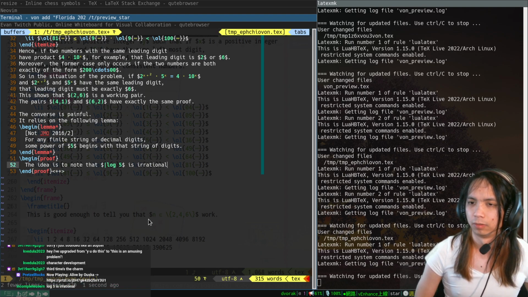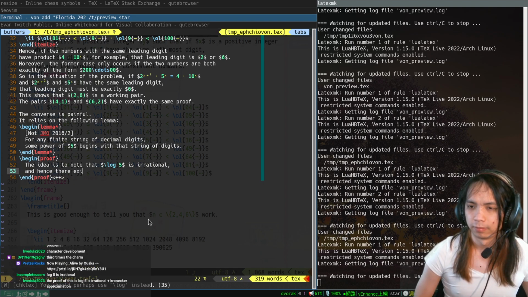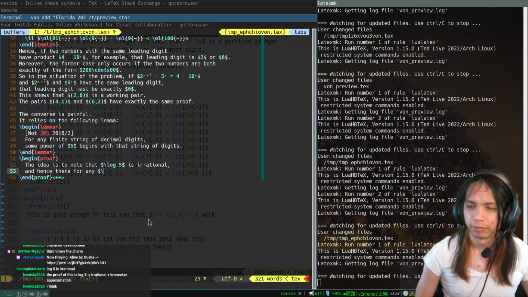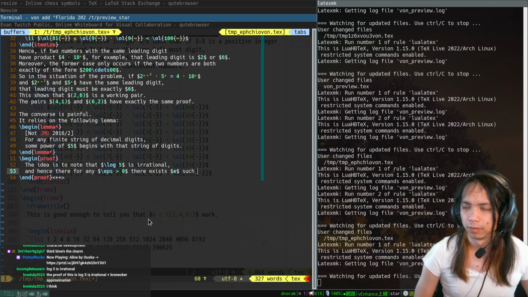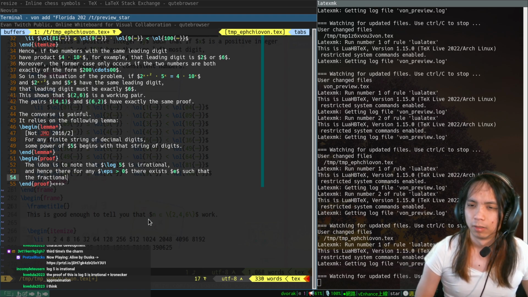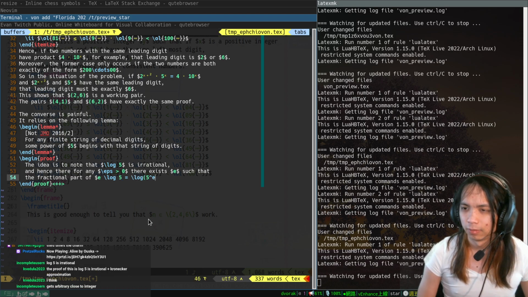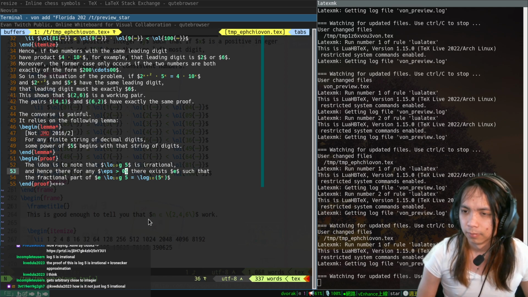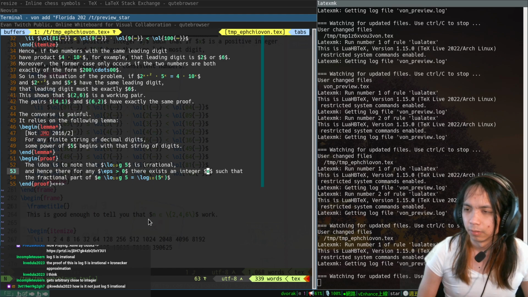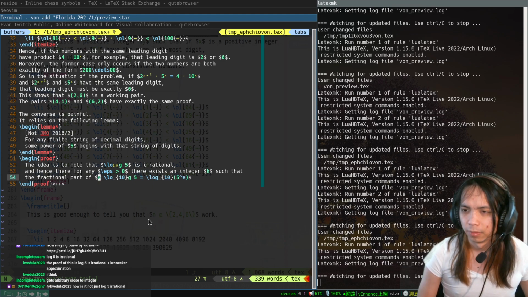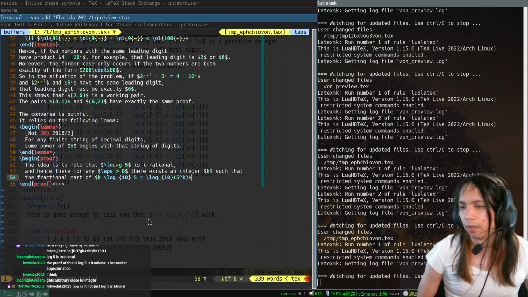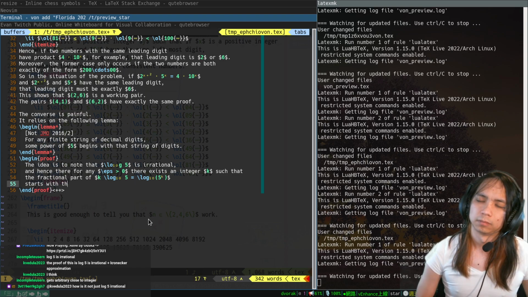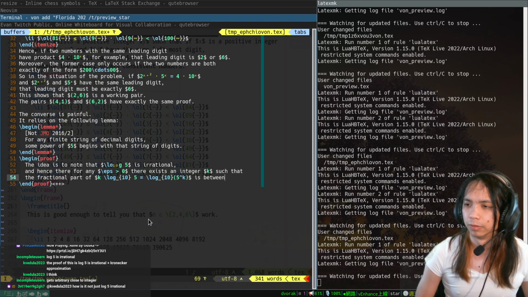It's irrational, and hence there exists, for any epsilon greater than 0, there exists e such that the fractional part of e log 5 equals log 5 to the e. Also, Otis is base e, so I better use an integer. I'll use k. Is between 0 and epsilon.